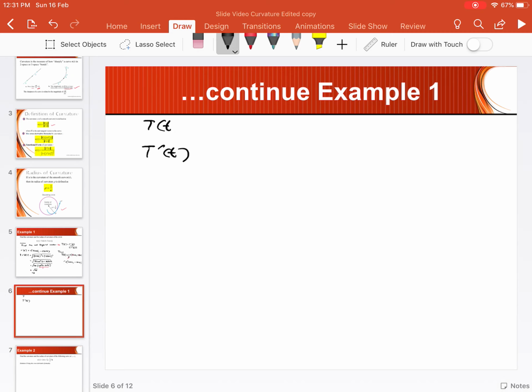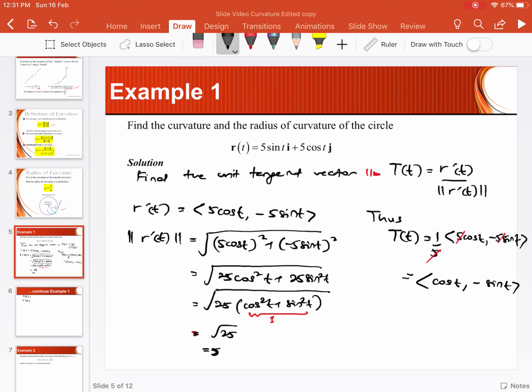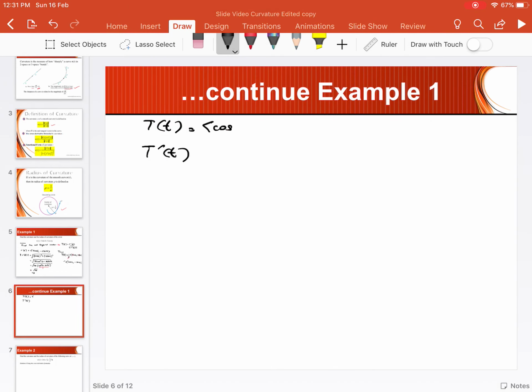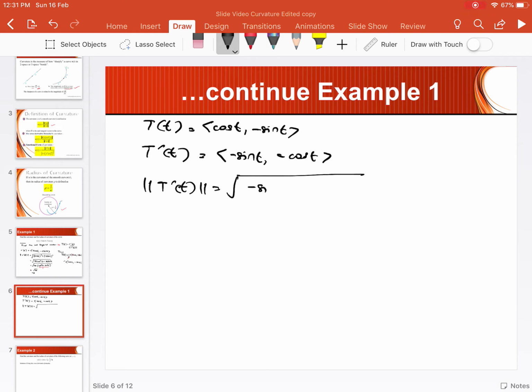T, just now we have, equals cos t, negative sin t. So differentiate T, we get negative sin t, and differentiate negative sin t, we get negative cos t. Next, we need to find the magnitude of T prime t. So we have the square root of (negative sin t) squared plus (negative cos t) squared. So this is equivalent to 1.